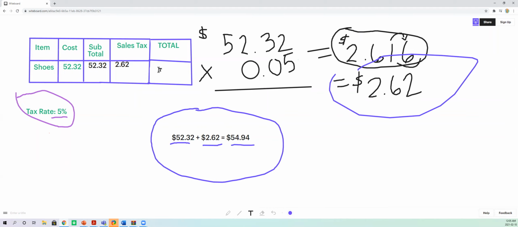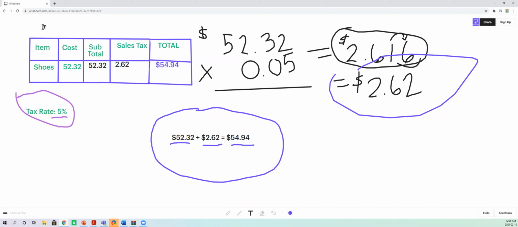So we bring that information up to our chart and our total is $54.94. And that is how we calculate taxation in spending money.